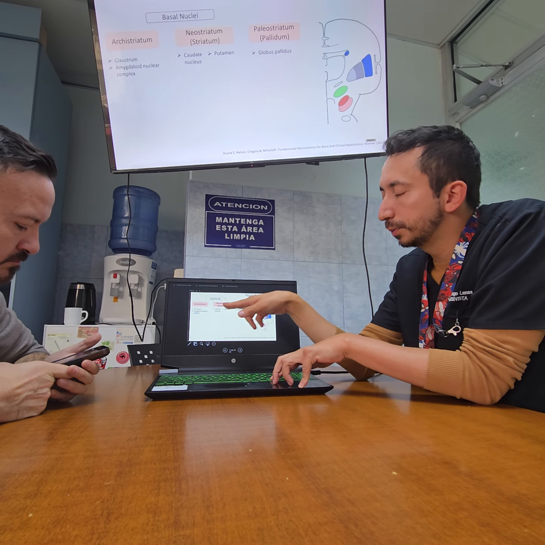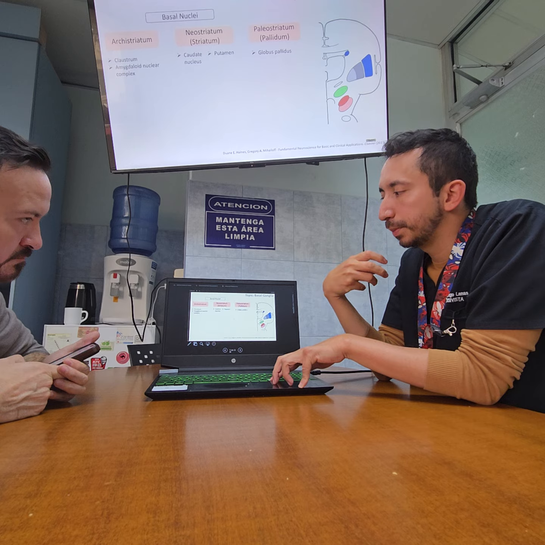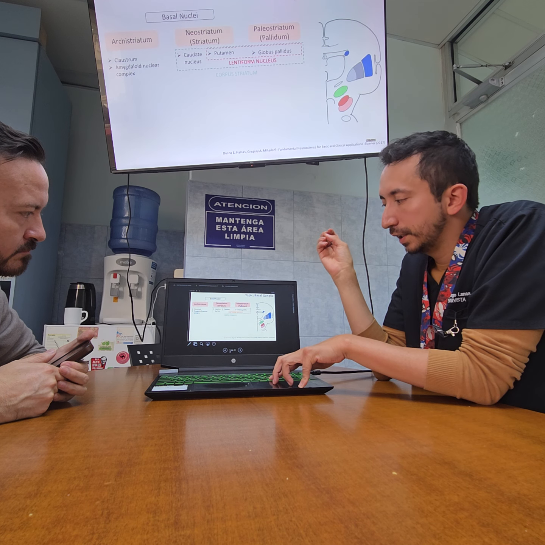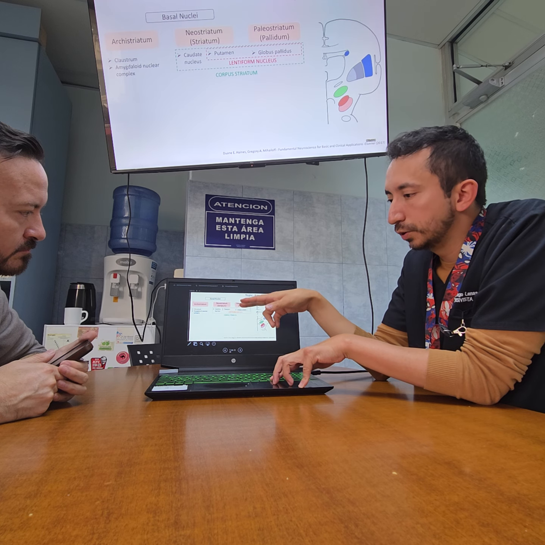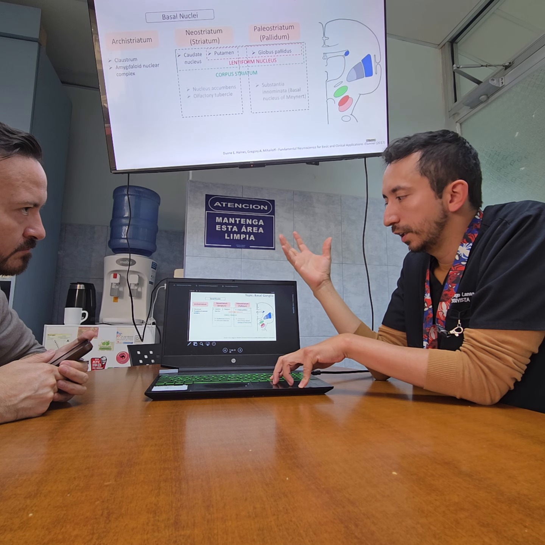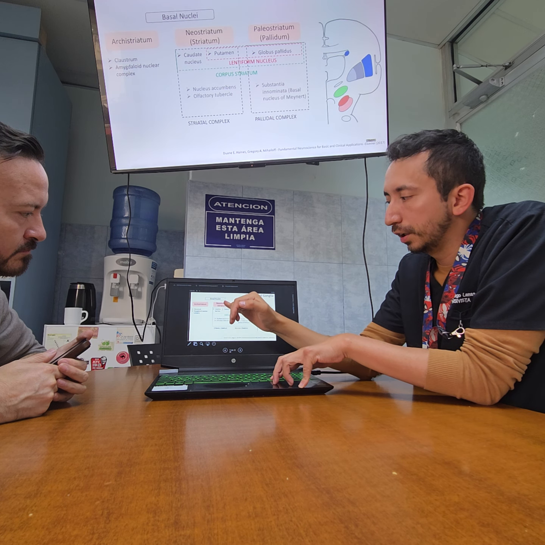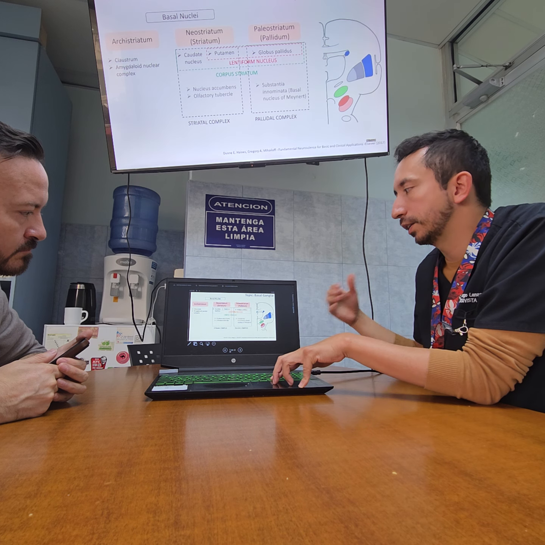These are three groups that we can classify from functional aspects. We have different groups that I'm just going to read because it's not important: lentiform nucleus, corpus striatum. These groups are the striatal complex and these groups are the pallidal complex.